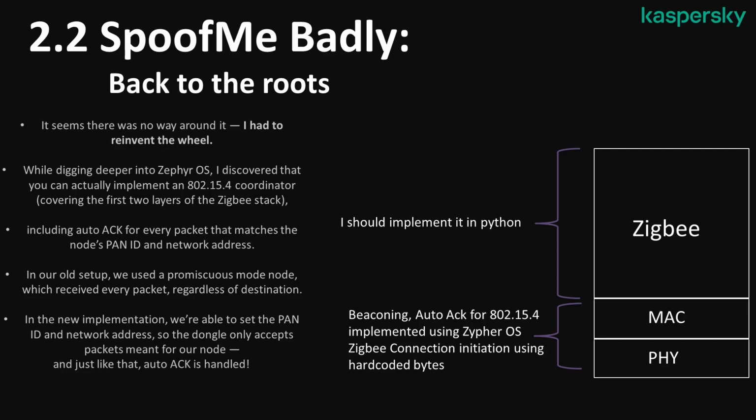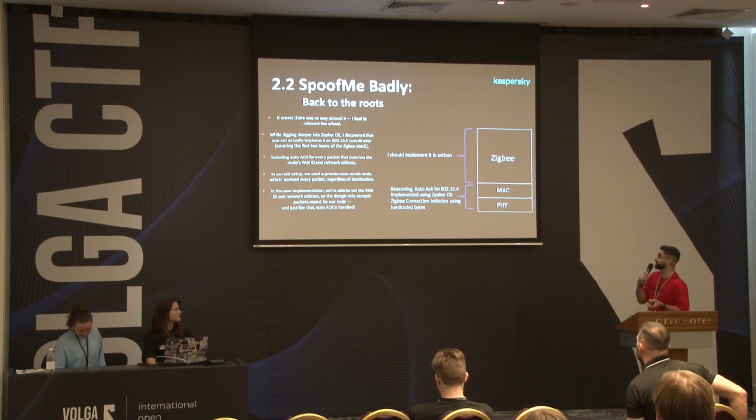That was wrong in our old implementation, because we were operating in promiscuous mode. We received all the packets and analyzed them in Python. So now, in our new implementation, we have MAC and PHY that enable us to do auto-acknowledgement from the dongle itself, because it already acts as a coordinator at this level. And for Zigbee, we can do it in Python.